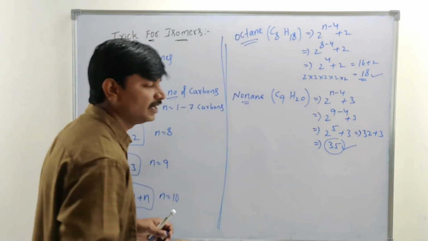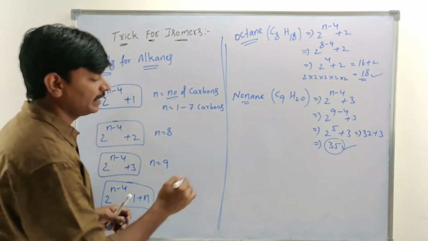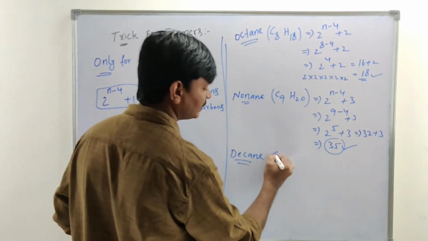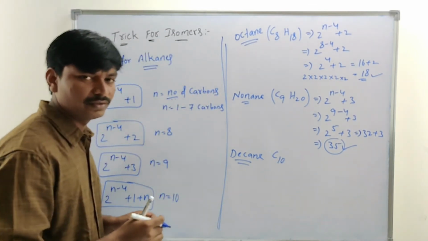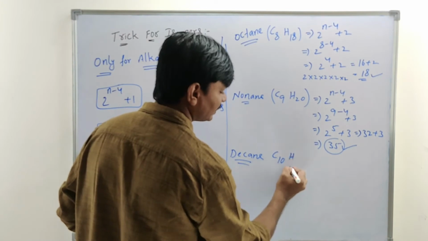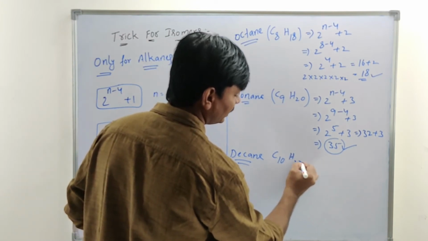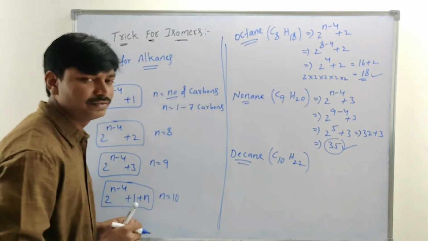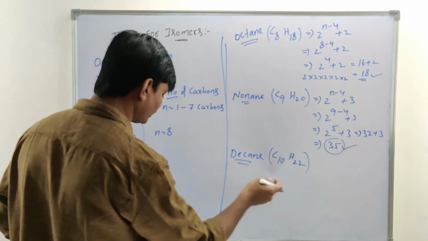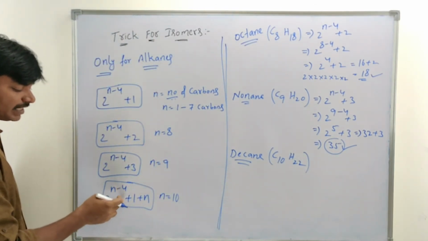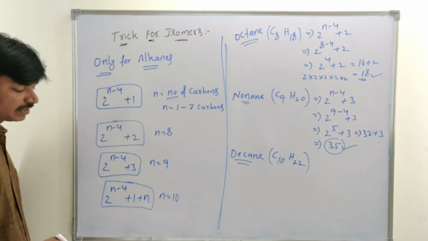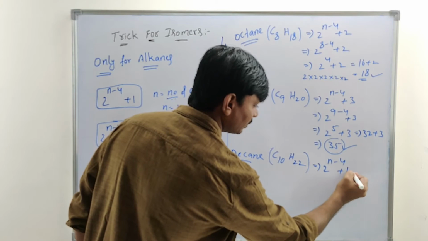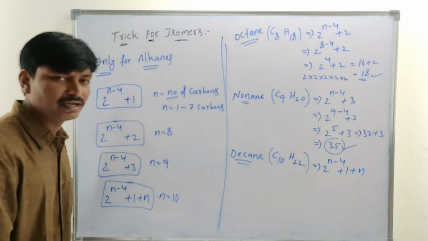Next, coming to decane. Decane means C10. The number of carbons equals 10 and the number of hydrogens equals 22, so C10H22 is the decane general formula. Its isomer formula will be 2 power of n minus 4 plus 1 plus n, where n equals the number of carbon atoms.